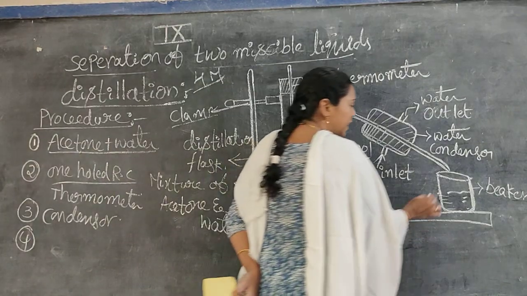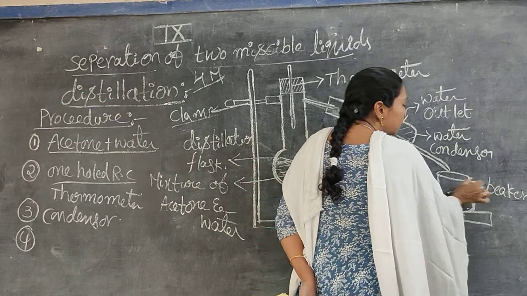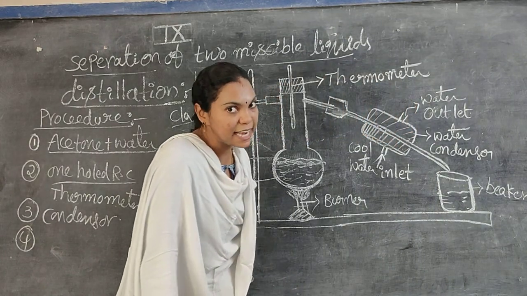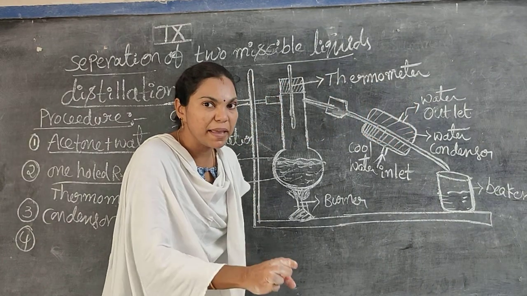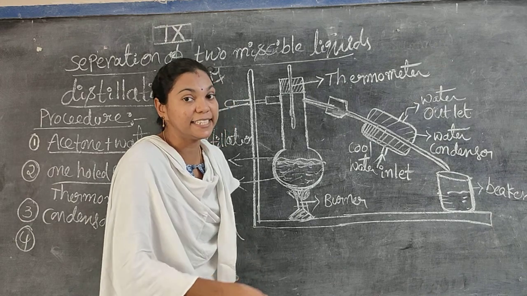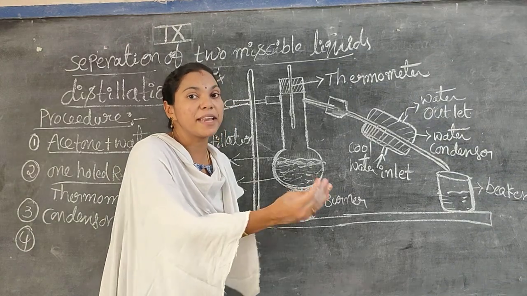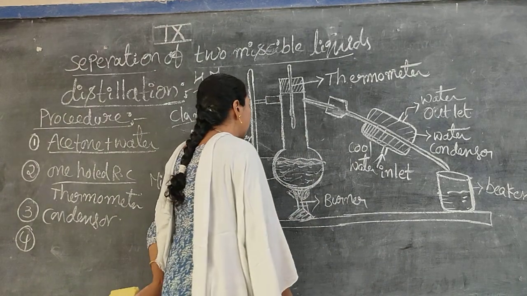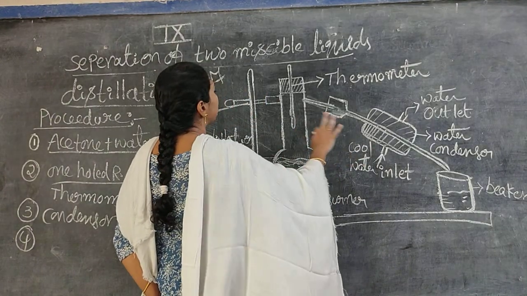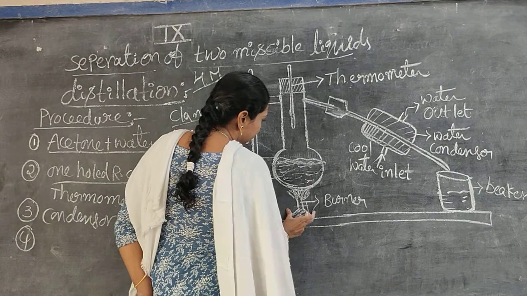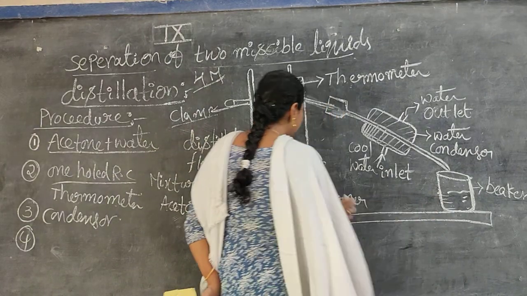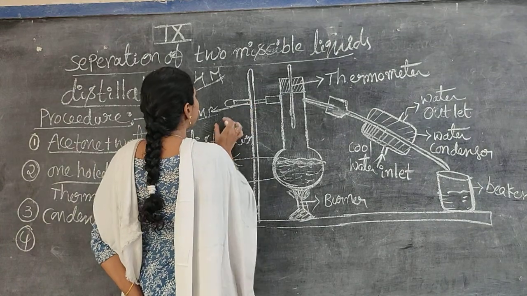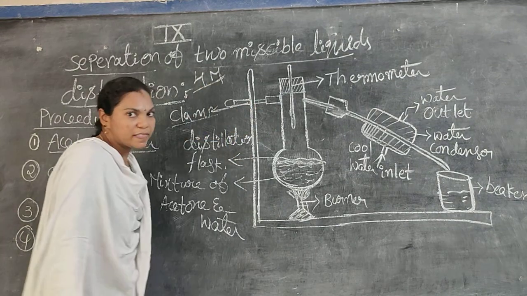At the end of the condenser, you arrange a beaker to collect the distillate. Distillate means after separation, one liquid is present in that beaker. The total equipment is arranged on one stand, and the distillation flask is fitted to a stand along with the clamp.